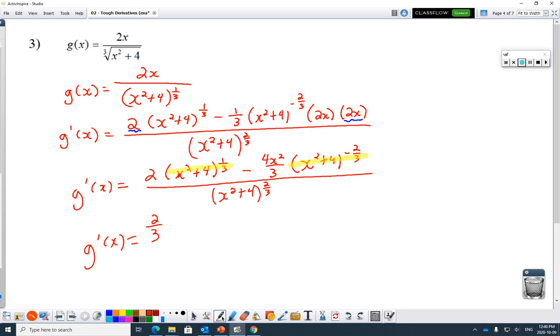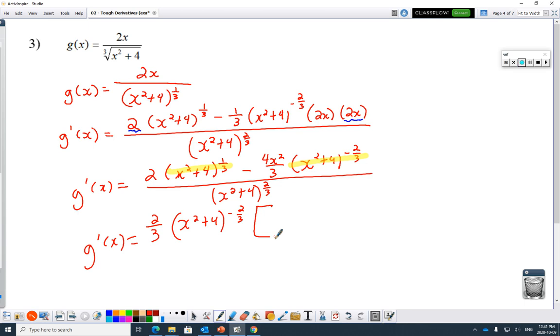If you're wondering why I took out that 3, and why we have to take out the lower one, just wait till you see what comes out of the brackets, and you'll see why I've done it this way. So that's x squared plus 4 to the negative 2/3. Now, taking the 2/3 out of 2, it doesn't seem like I should be allowed to do that.